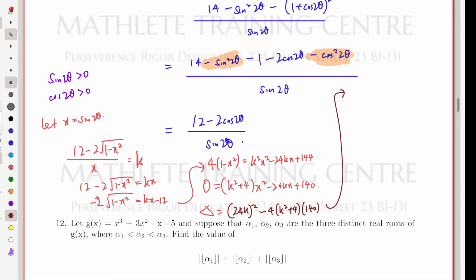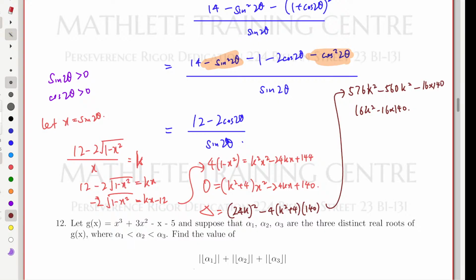Okay, so 24 squared is 576, and then 4 times 140 is 560. Then you have a minus 16 times 140. Let's leave it like that first. Then we have 16k squared minus 16 times 140, right? Yeah, this is what it looks like.